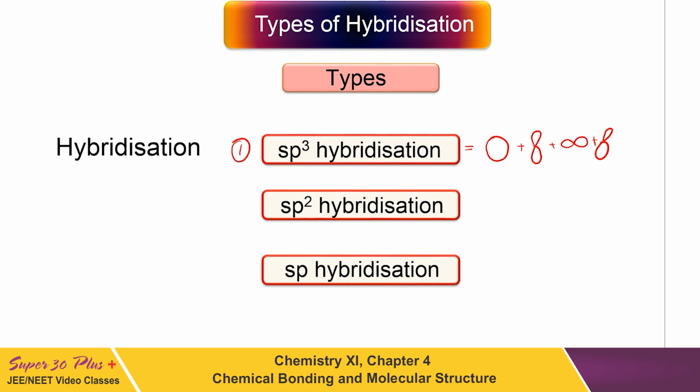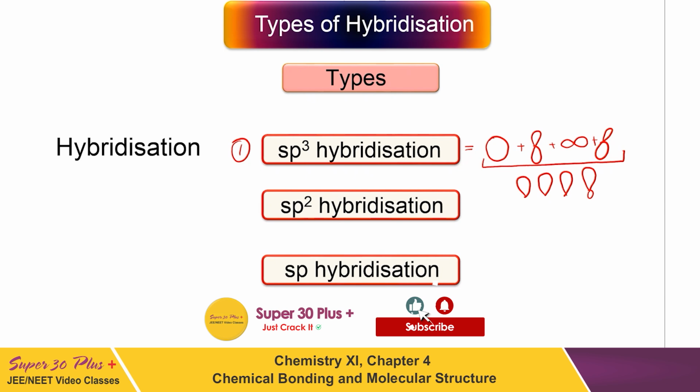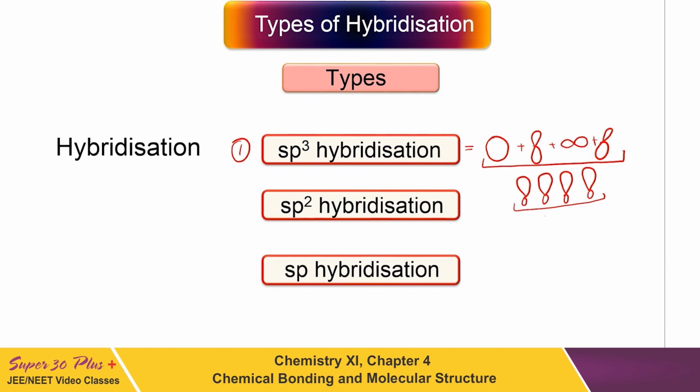When these 3 p orbitals and one s orbital combine with each other, they will form 4 new hybrid orbitals of the same shape, same size and same energy. These are 4 new sp3 hybrid orbitals.